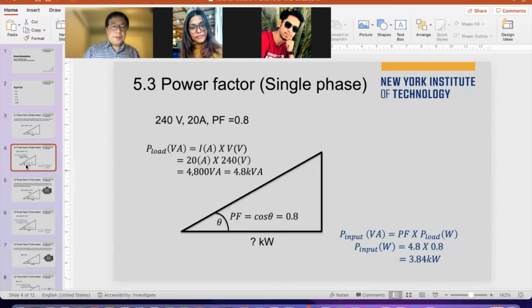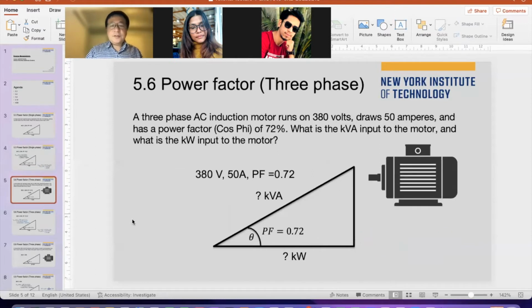No. Okay, very good. Another question applies the same methodology, but this type of question is three-phase instead of single phase. Let's take a look at the question.